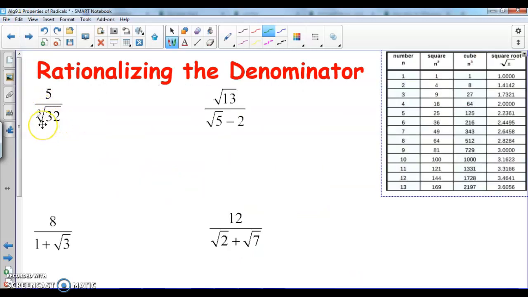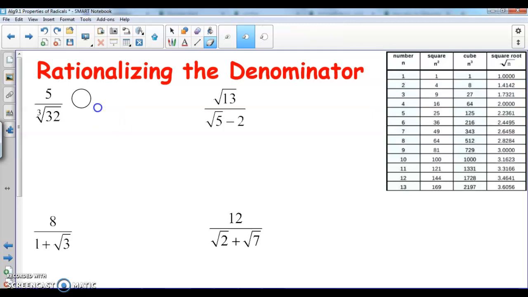Okay, this is a cube root. So for cube root, I don't know why I included that here, but that's okay. Let's just do it anyway. So if it's a cube root, let's look at the third column. So we can change it into a 64, right? Because 32 times 2 is 64. So let's multiply here by cube root of 2, because we want to change it into a 64.